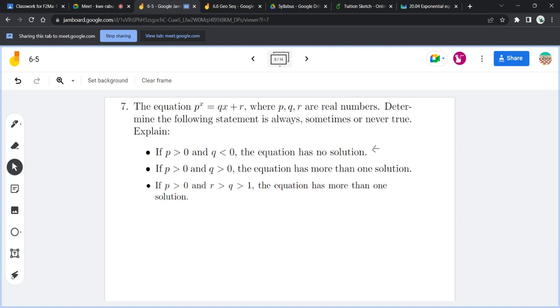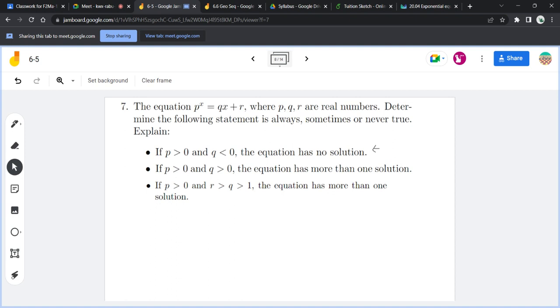In this case, r can be any number you choose.